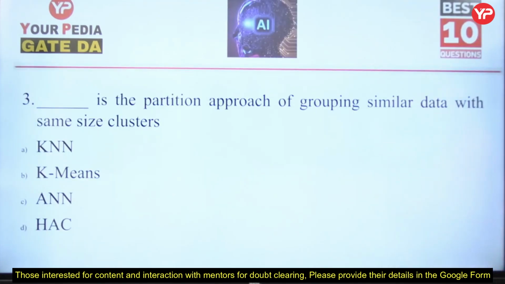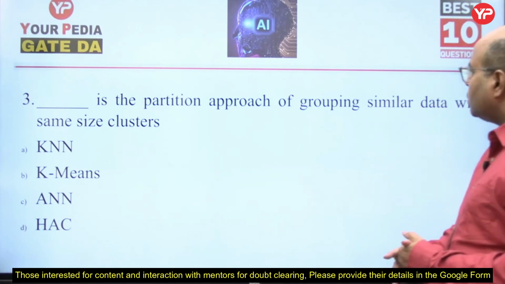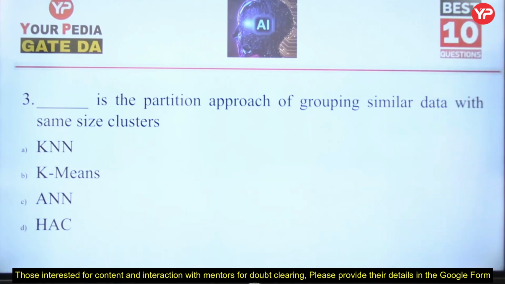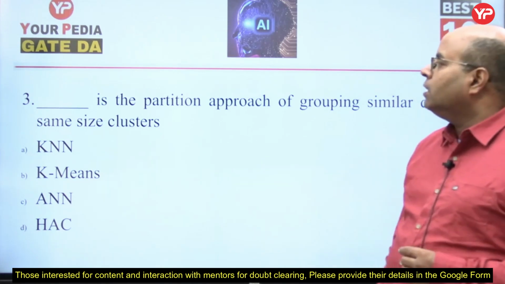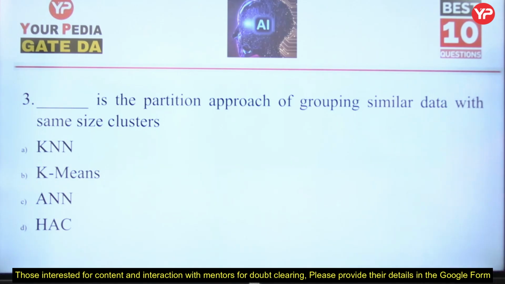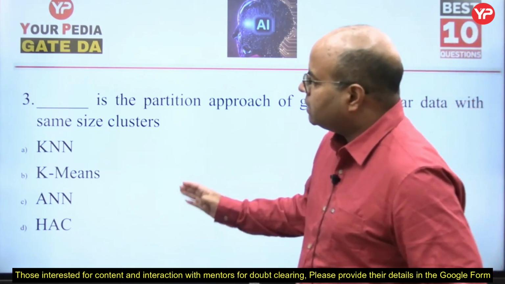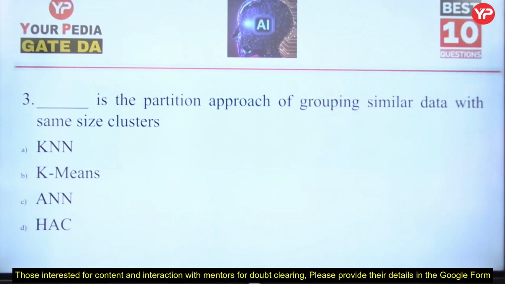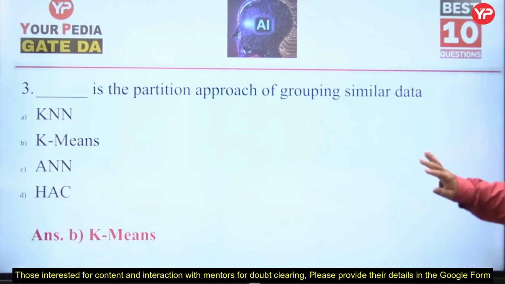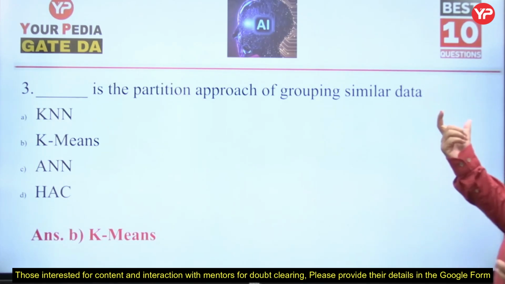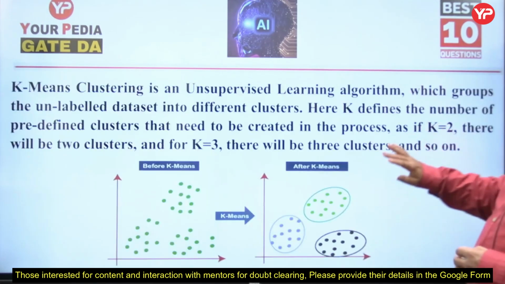Now the next question, which is the partition approach of grouping similar data with same size clusters? See here, same size clusters are being used to partition the data. So whether it's KNN, K nearest neighbor, or K means clustering, or artificial neural networks, or HAC, which one is it? So here you can see that it's K means clustering, because similar size data means K means clustering.